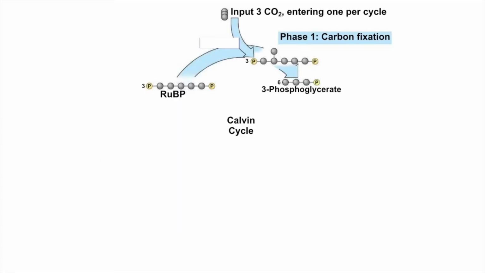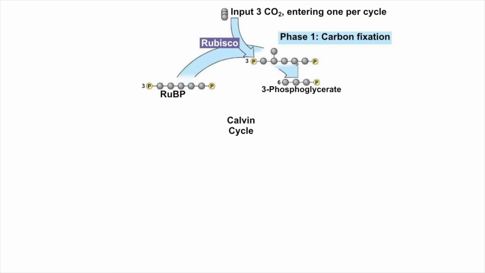Okay, so let's begin. Phase 1 of the Calvin cycle is what we call carbon fixation. And this process is probably one of the most important processes of photosynthesis, because this is all about taking carbon dioxide gas from the air and putting it into sugar. And the enzyme responsible for this very crucial first step of the Calvin cycle is called rubisco.